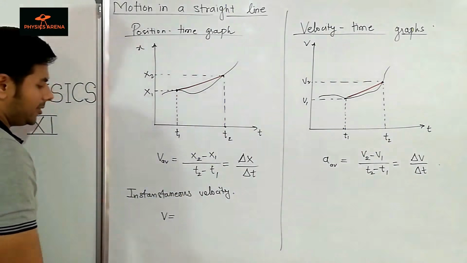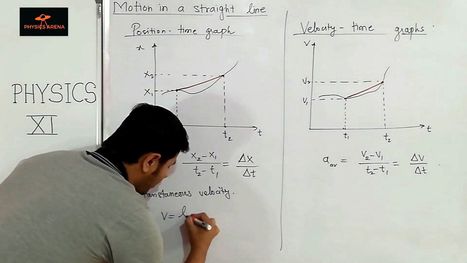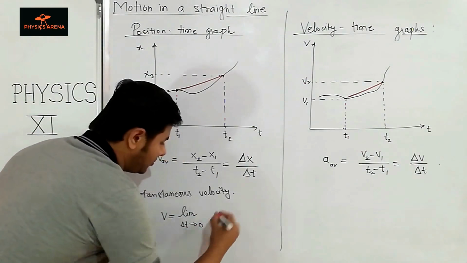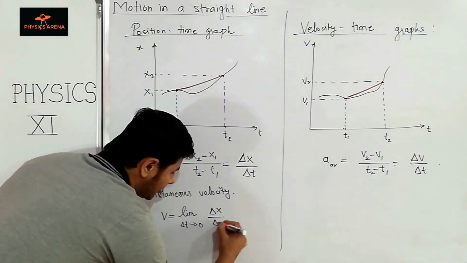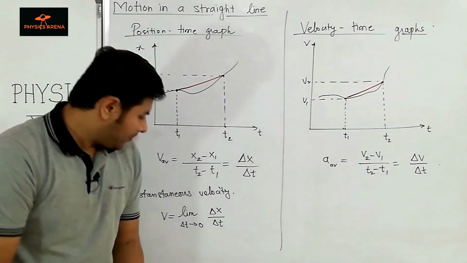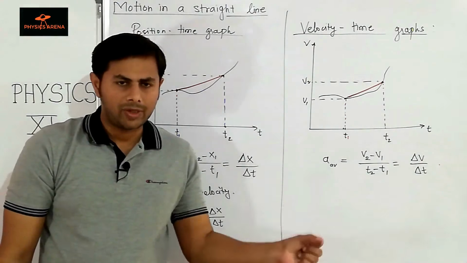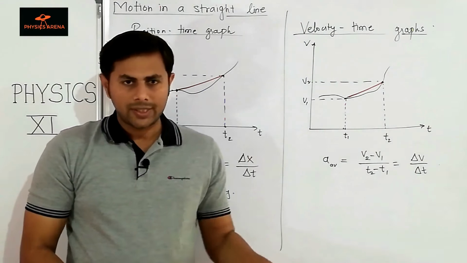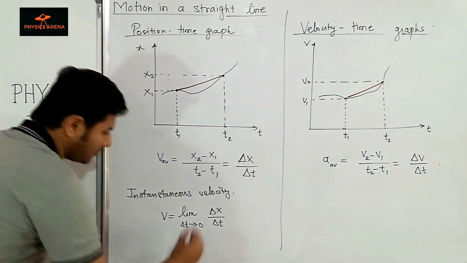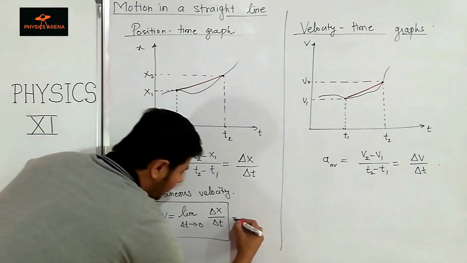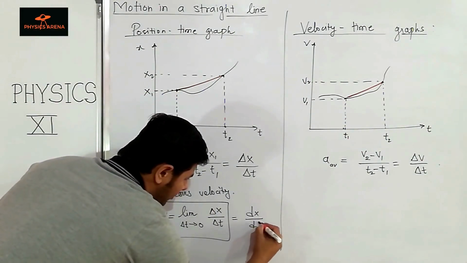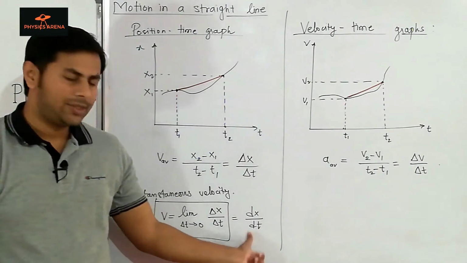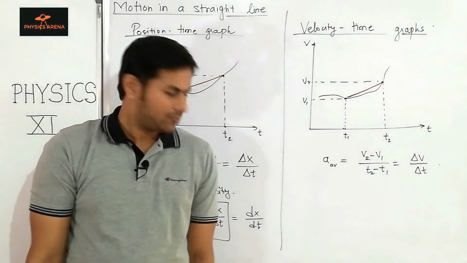We just denote it by v, and we write it like this: limit delta t tends to 0 of delta x over delta t, meaning the time interval is very small, that is the velocity at a particular instant of time. And we write it compactly like this: dx by dt, and we call it the derivative of position with respect to time.